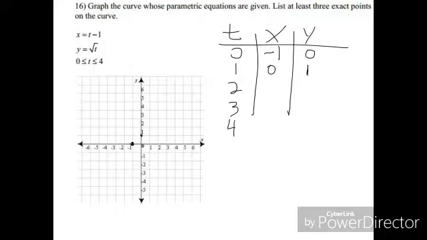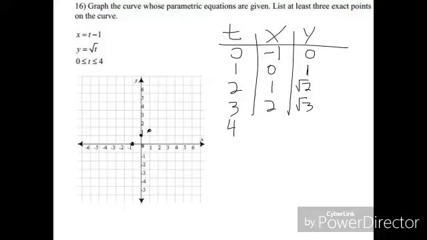We have 0, 1 this point. Plugging in 2 isn't as nice because 2 minus 1 is 1. That's nice. But square root of 2 is not very nice. I know it, calculator, 1.4-ish. So 1 and 1.4, about there, not exactly. 3, we get 2 and square root of 3.